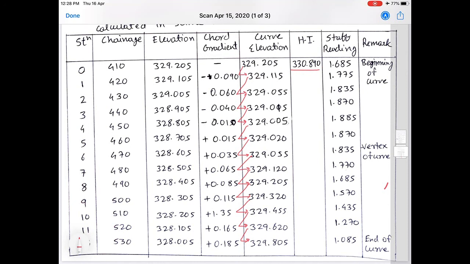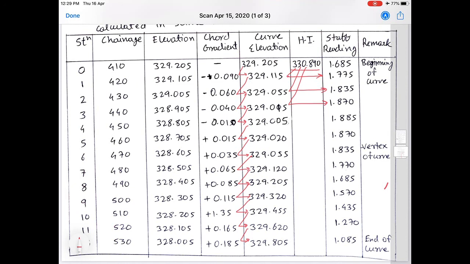So by using this formula, staff reading is equal to height of collimation, that is HI, minus curve elevation, we can get the staff readings. So 330.890 minus 329.205 will give us staff reading equal to 1.685 and so on. So we just subtract curve elevation from HI and we get staff readings in this manner. Likewise, we continue and get the staff readings.